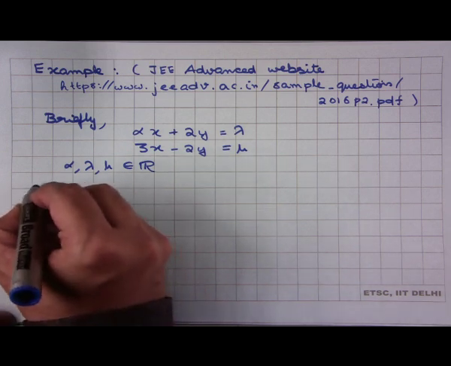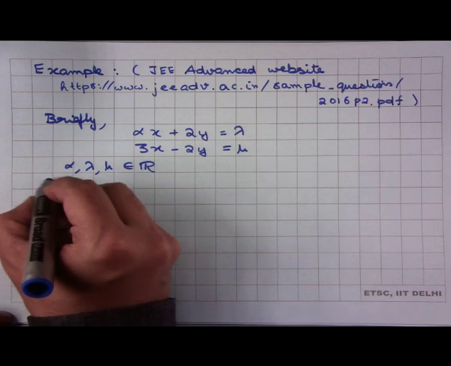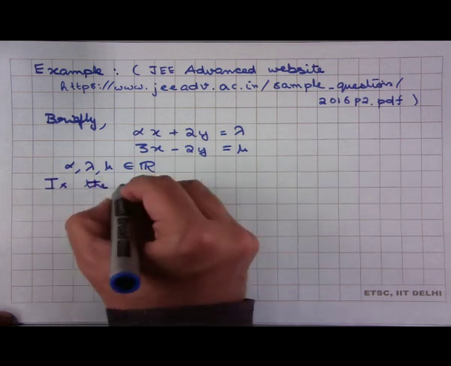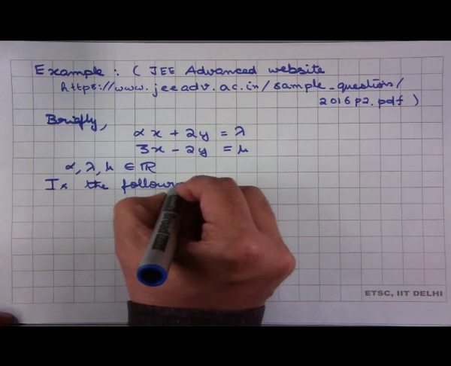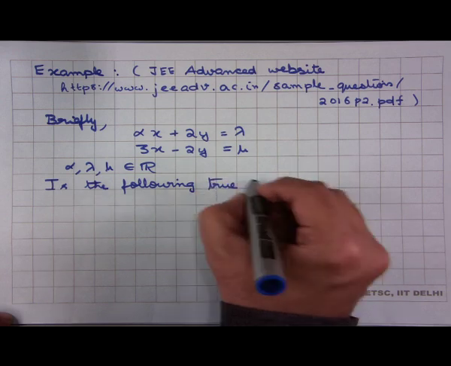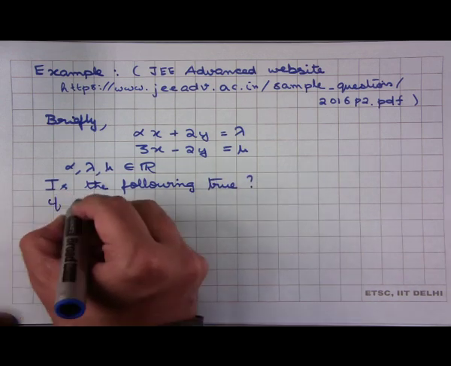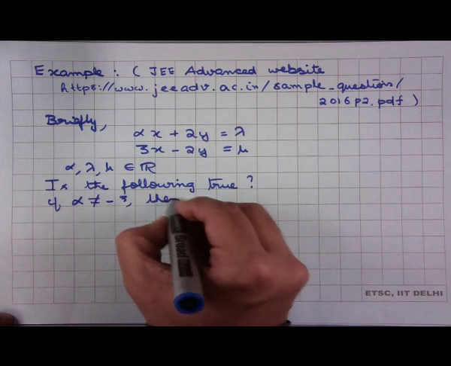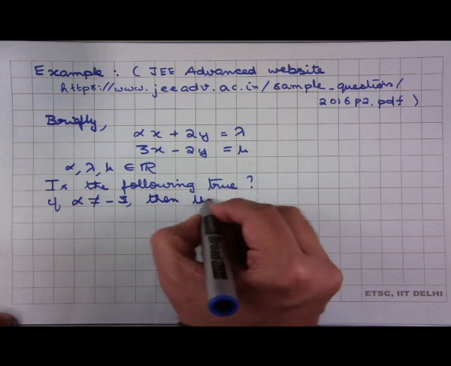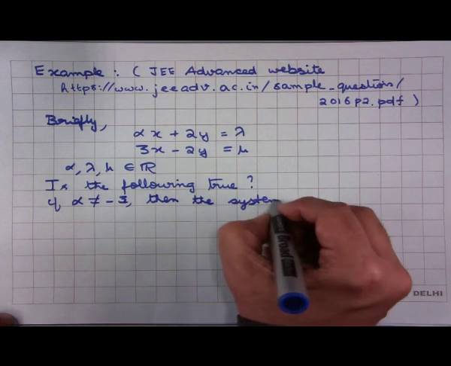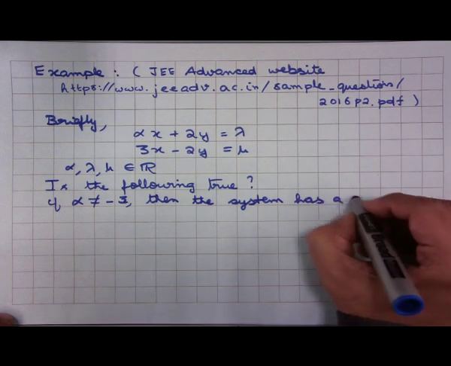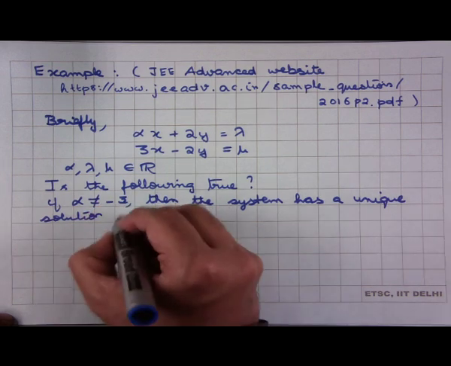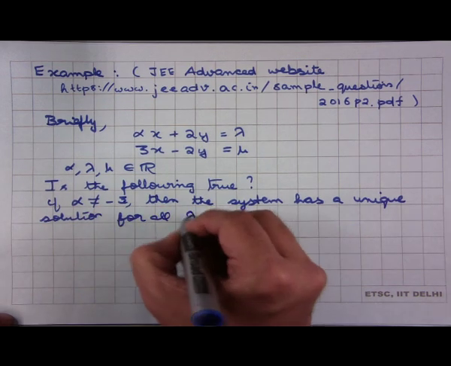The option we are going to look at is the following: if alpha is not equal to minus 3, then the system has a unique solution for all lambda and mu.